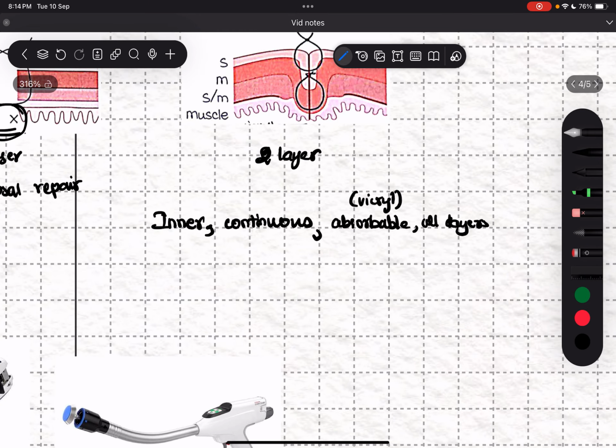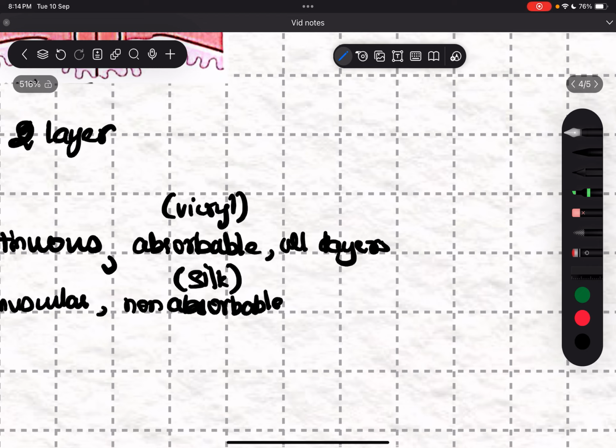Then this is the outer seromuscular non-absorbable suture. What is the non-absorbable suture? Silk. And this one layer is called Albert's layer. This one is the Lambert layer.